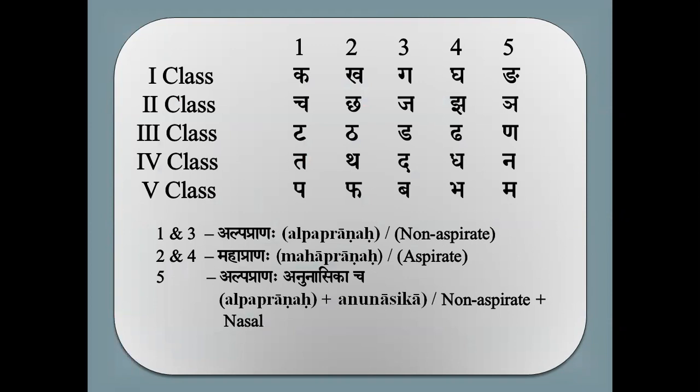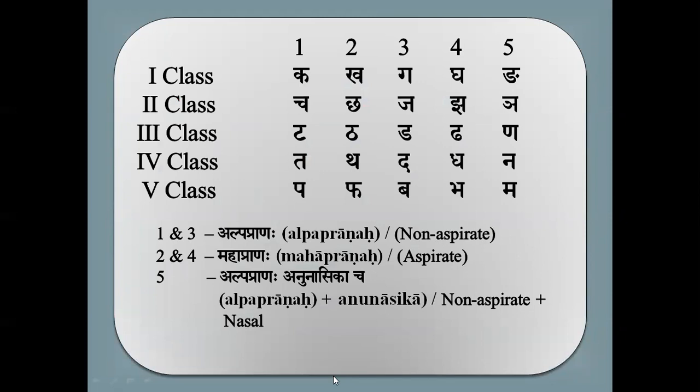So here, the first letter of all the classes and the third letter of all the classes are non-aspirate. In Samskritam, it is called alpa pranaha. Alpa is little, prana is the air which you expel when you utter the letter. Aspirate, can you elaborate a little on the meaning of aspirate?